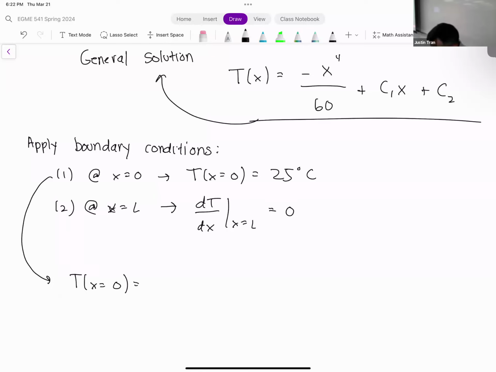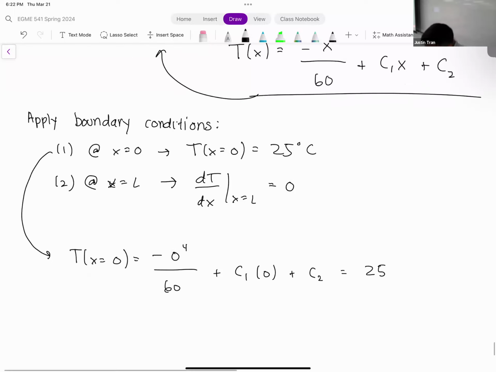And so if we do that for our general solution, we have minus 0 raised to the 4th power divided by 60 plus C1 times 0 plus C2. Okay. And then by the boundary condition, this must equal 25. Okay. And so that tells us that C2 is equal to 25.